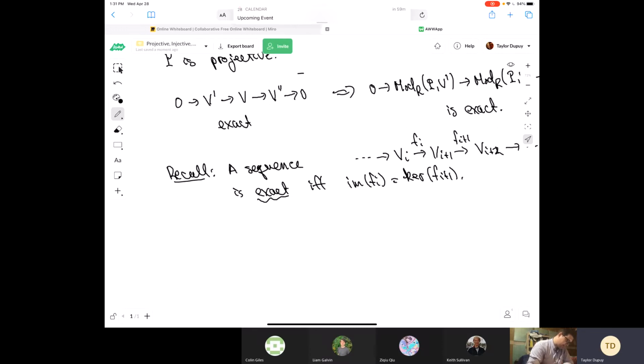And so in particular, if this is exact at V, this implies that J is injective.